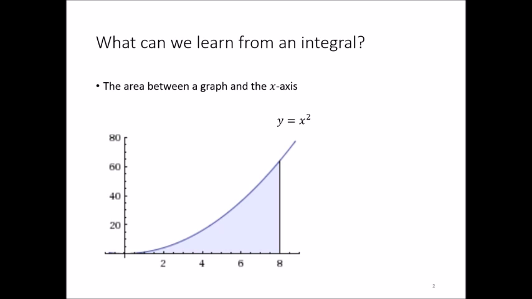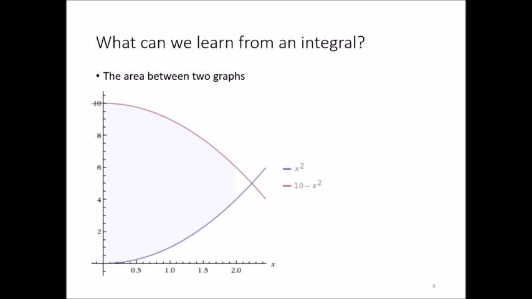So in this case, the shaded blue area would be the integral from x equals 0 to x equals 8 of the function x squared. If you have two graphs, you can also find the area between those two graphs. So for example, you can imagine calculating something like producer or consumer surplus using this technique.